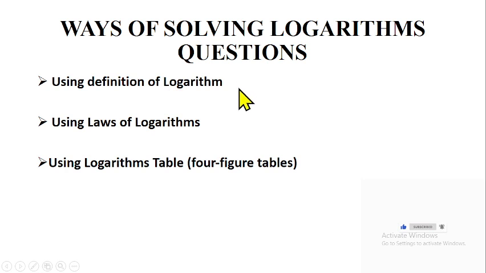So as far as I'm concerned, I divide the solution of logarithm to these three ways. You can solve logarithm questions using the definition of logarithm, using the laws of logarithms, and using the logarithm table, which is also called four-figure table.